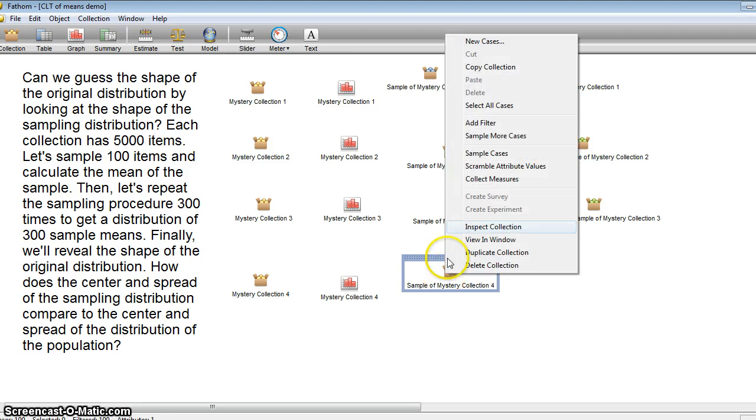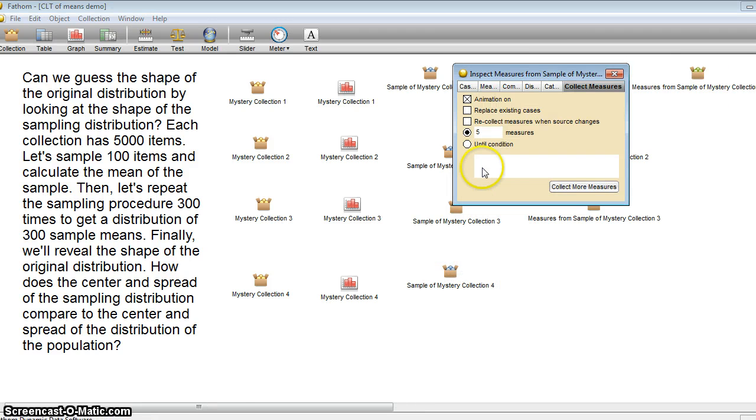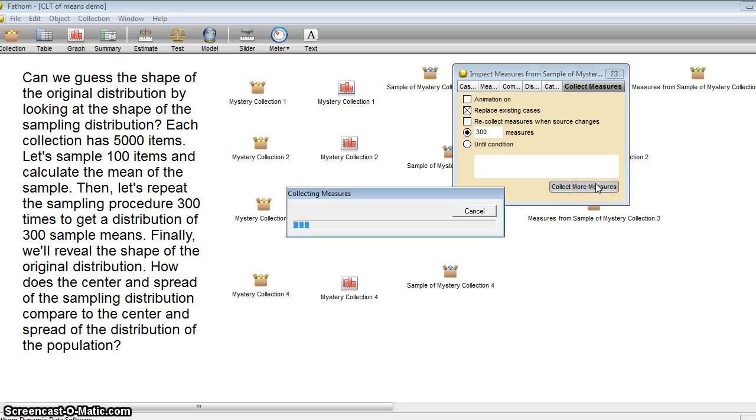We're going to collect 300 sample means, not 5, 300. And we want to turn the animation off, otherwise this will take a while. So we're collecting 300 sample means, and we'll look at the distribution of those sample means and see if we can use that to guess the shape of the original distribution.